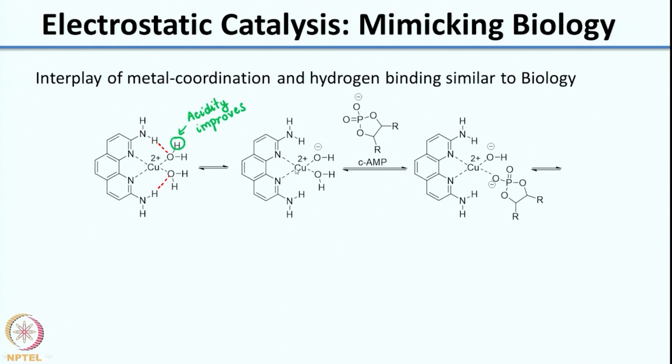So it displaces a water molecule and you have it binding to the copper 2+. And obviously between the O minus and the double bond O, the O minus would prefer binding to the copper. So now you have OH minus and O minus, both of these binding to the copper. So as before, all these complexes are stabilized by hydrogen bonding.